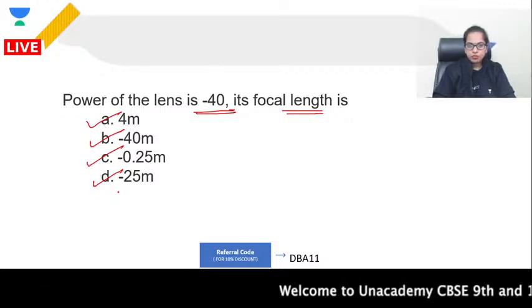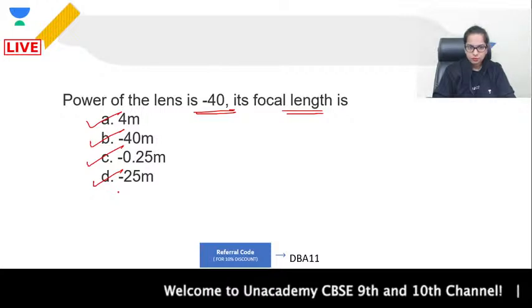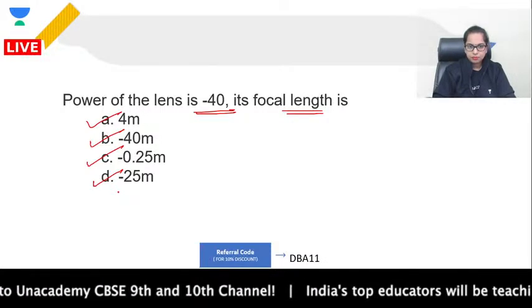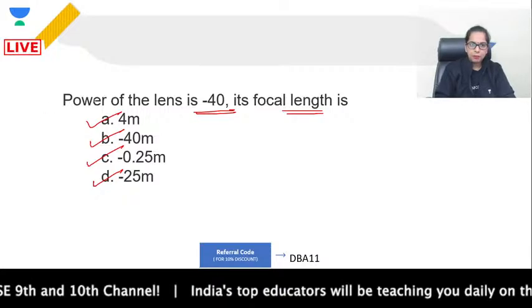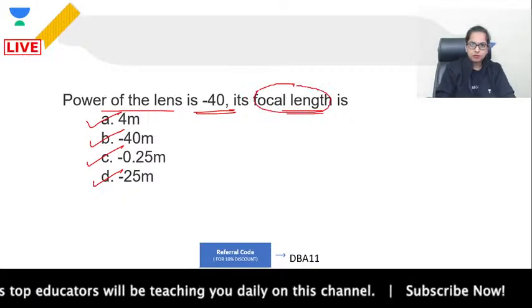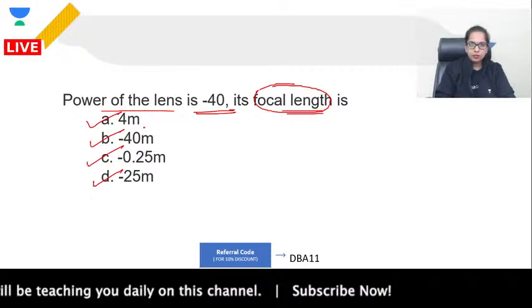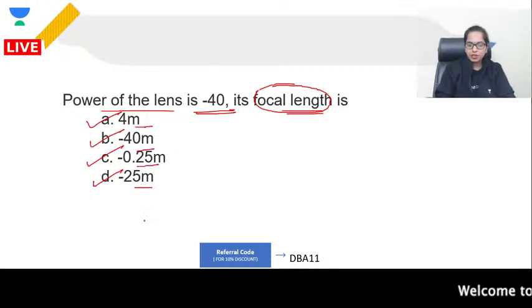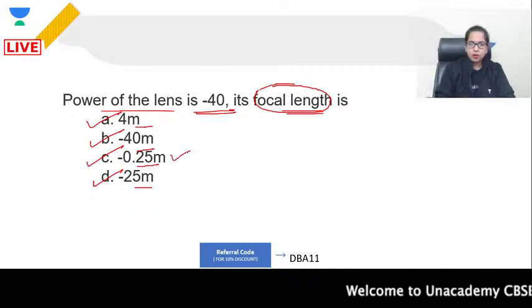Answer for this question. How much should be the power of the lens given to you? What is the focal length? Focal length is 4 meters, minus 40, minus 0.25, minus 25. Answer should be option C.